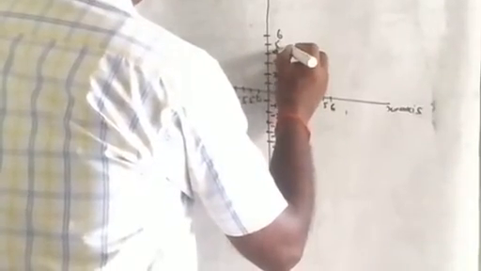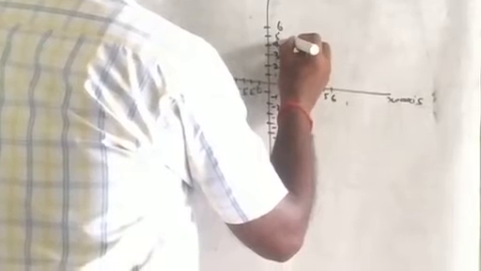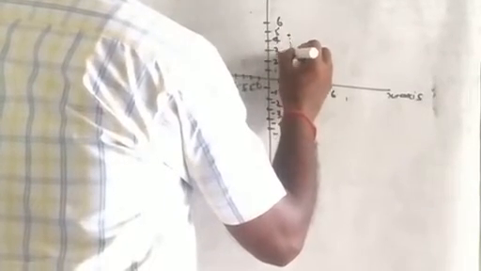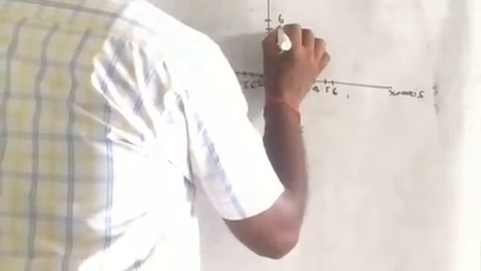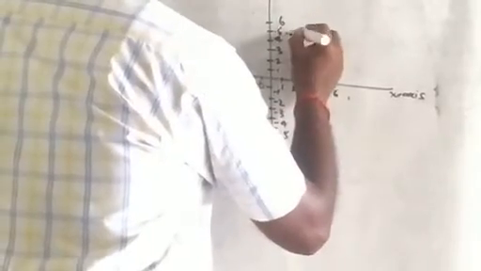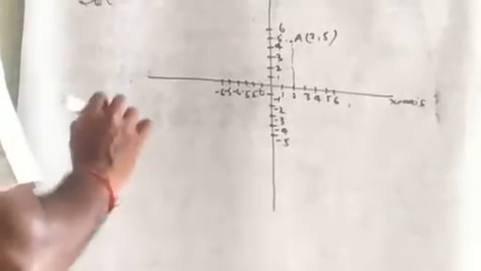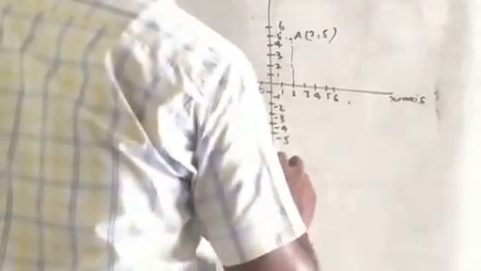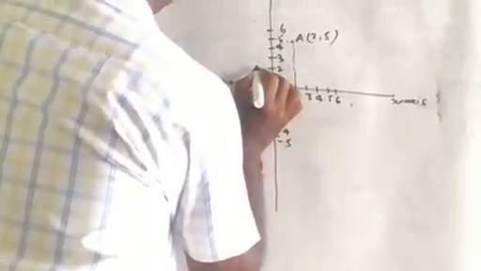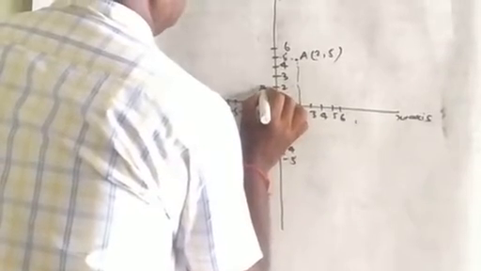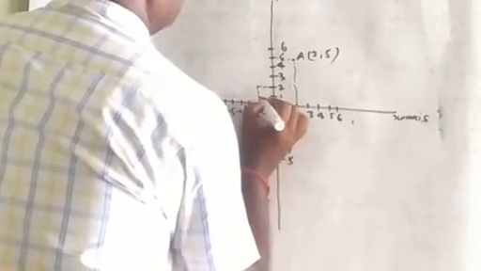This is the point you will get. A dotted line I will join here, like this one. A, 2 comma 5. B, minus 2 comma 2. This one, point B, you will get.